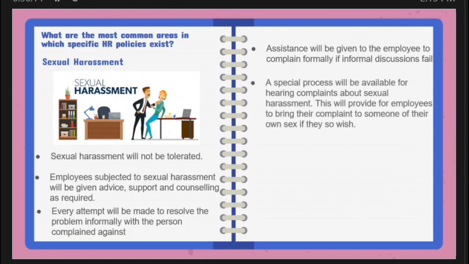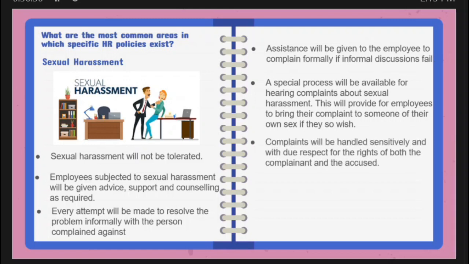A special process will be available for hearing complaints about sexual harassment. This will allow employees to bring their complaints to someone of their own sex if they so wish. Complaints will be handled sensitively and with due respect for the rights of both the complainants and the accused.